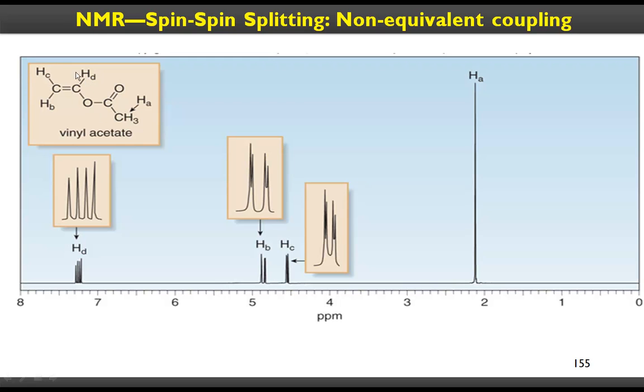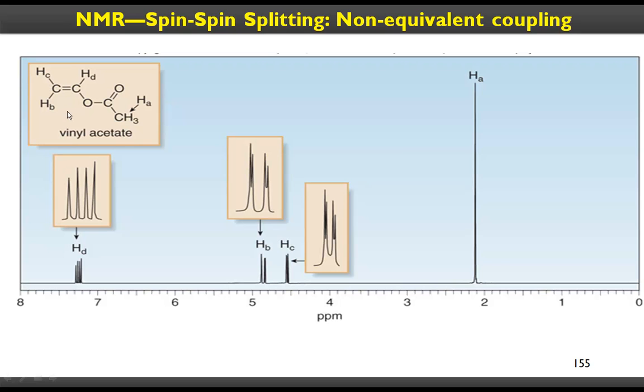Whereas this hydrogen has a neighbor and has another neighbor, so it has two neighbors, but this neighbor is different from this neighbor in the sense this is cis related and this is trans related, so we cannot just do an n+1 rule here. If it were the n+1 rule, we should just observe a triplet for this, right? But instead of a triplet, we get a doublet of a doublet, as you can see here.